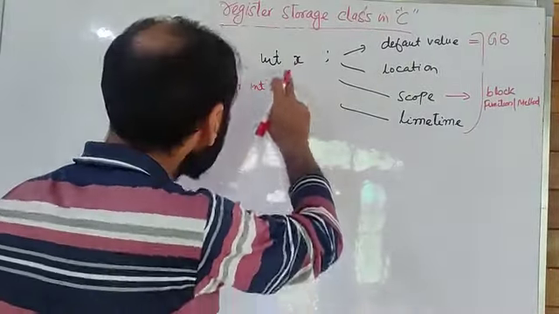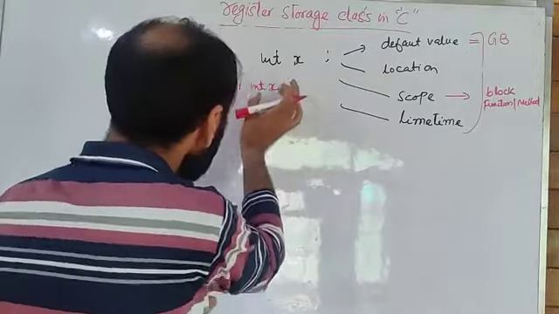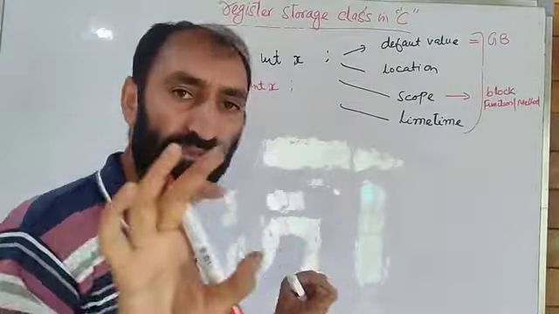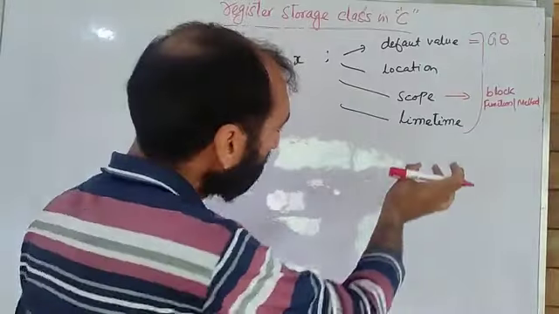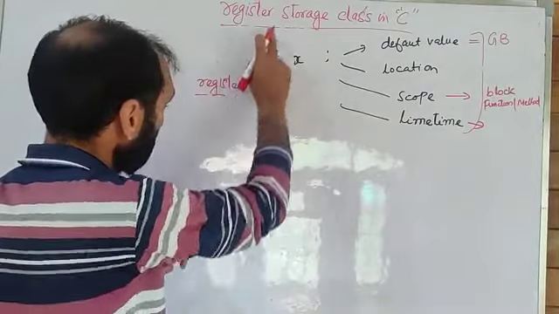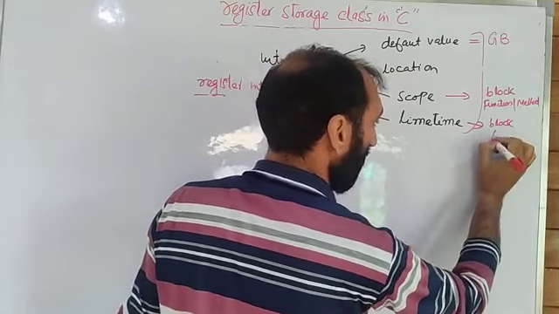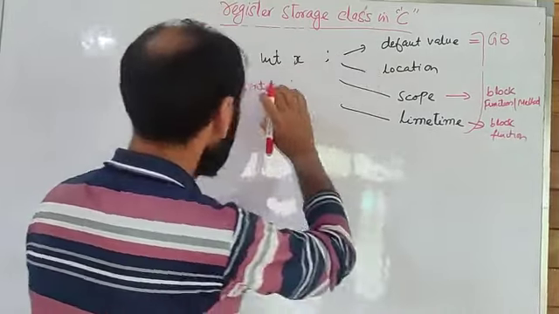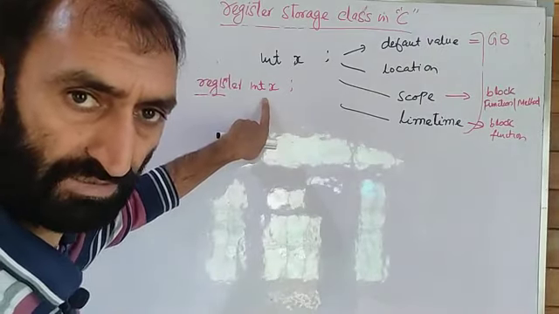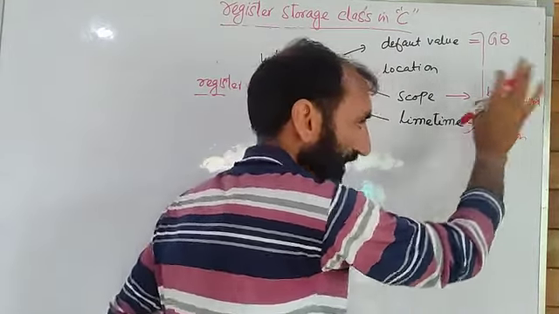If we declare this variable within a function, then the scope is only within that function. And if we declare this register variable within a block, then the scope of this variable is only within that block. And the lifetime of a register storage class variable is also within that block or function. That means the variable which has been declared as a register storage class is alive only within the block in which it has been declared, or within that function or method.